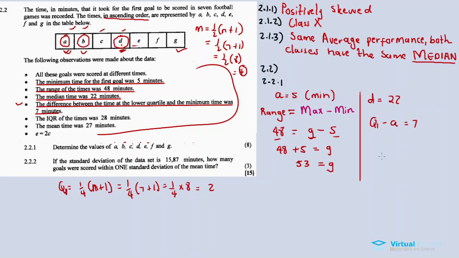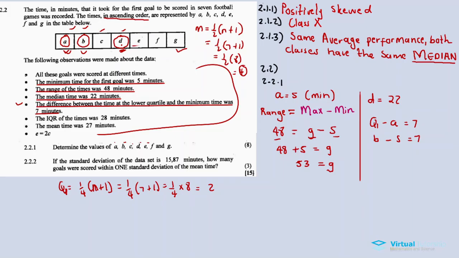So that's why the next unknown I can calculate is B. B, Q1 minus A, is equal to 7 minutes. So Q1, which is B, minus 5, A is the minimum value, which is 5, equal to 7.